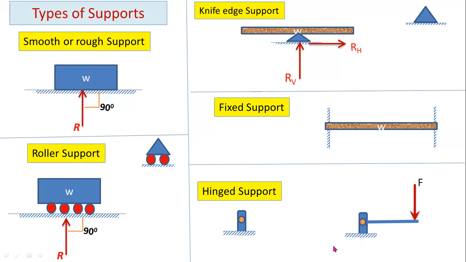If the load is vertical, then the reaction will also be vertical. But if the load is inclined, then the reaction at the hinged end will also be inclined. These all are important supports used for beams.